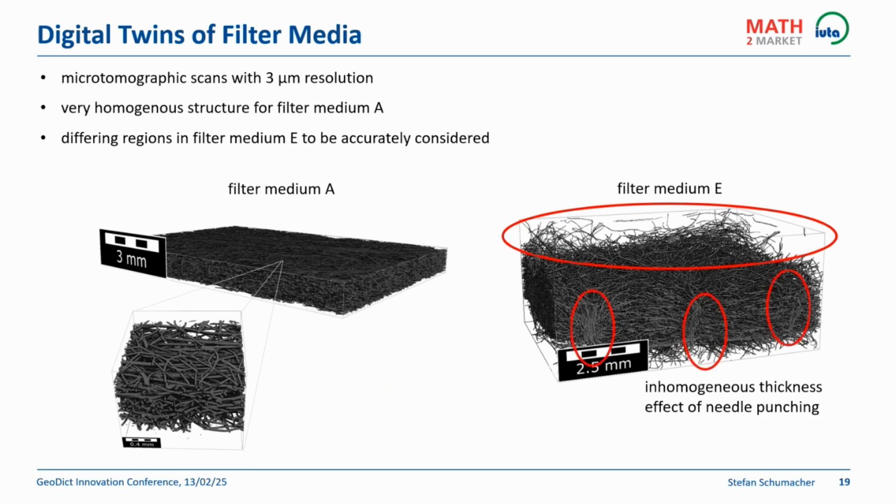And you see, I don't know if you properly see it here on the screen, it's a so-called needle punch medium. So you dive with needles into the medium, and there you have these different structures, which also needs somehow to be correctly considered in your small scale model.